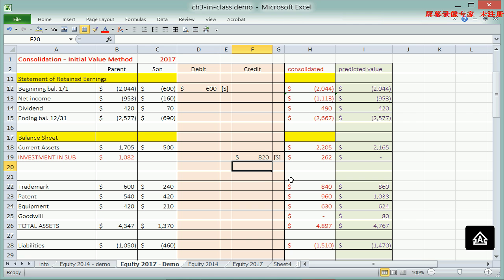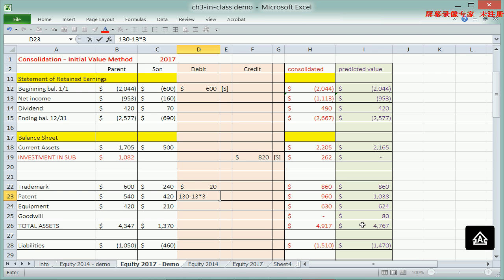The A entry will be the 20,000 of the trademark and 130,000 of the patent increase. But remember, the A entry eliminates fair value excess and restores the unamortized fair value excess up to 1/1, so it should be 130, but after amortizing it for 3 years.